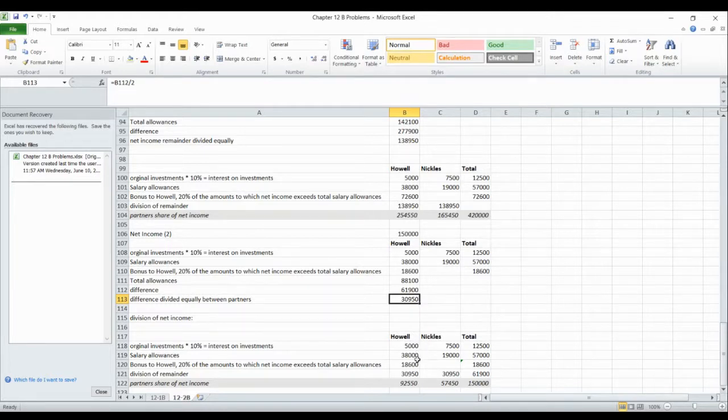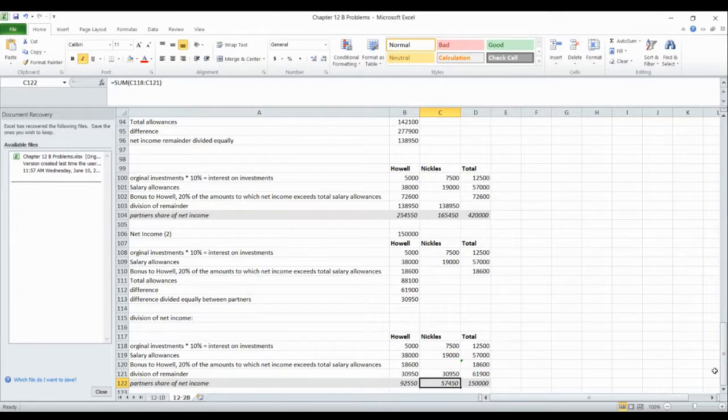If you combine all of these amounts together, it will give you $92,550 as Hal's share of the net income of $150,000. For Nichols, we would add up the interest on the capital investments, the salary allowance, and the division of the remainder. The total is $57,450.